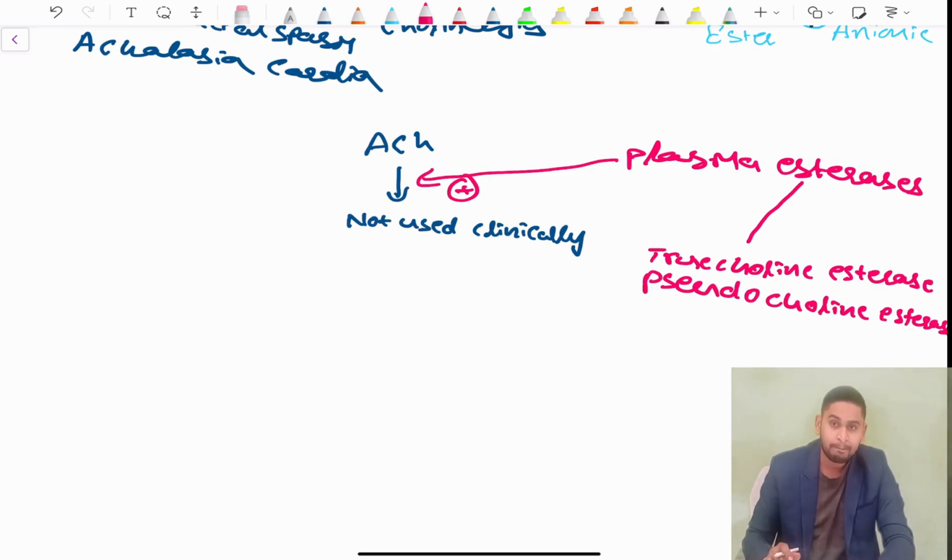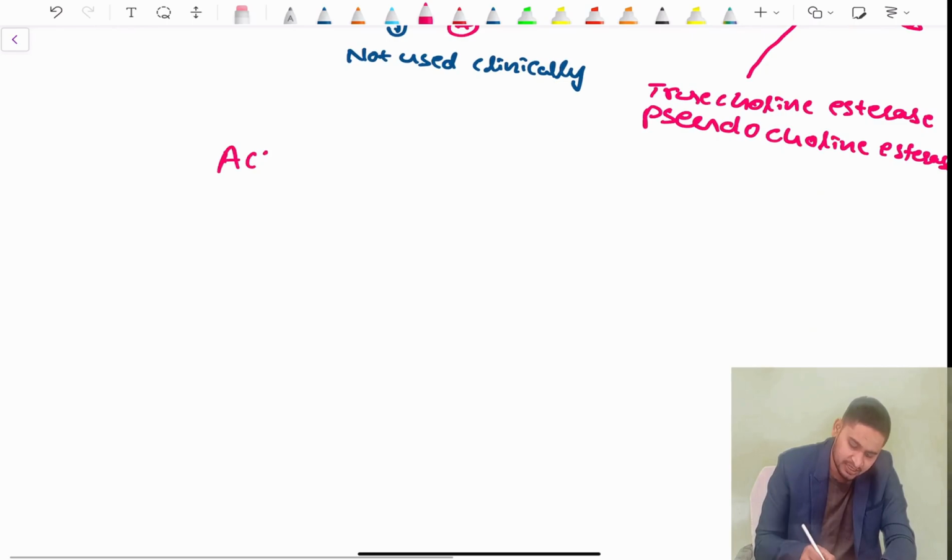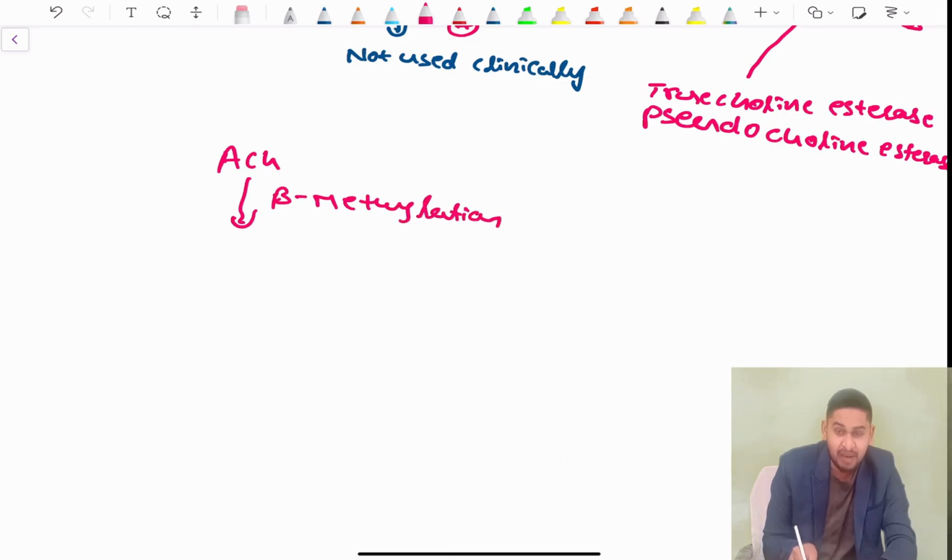So what I'm making here is an acetylcholine which is resistant towards metabolism by plasma esterases. I'm making the beta methylation. Before going to the beta methylation of acetylcholine, let's look at the structure of acetylcholine.